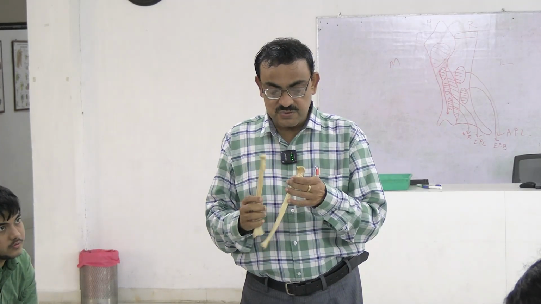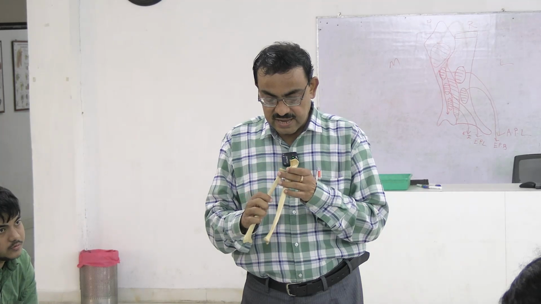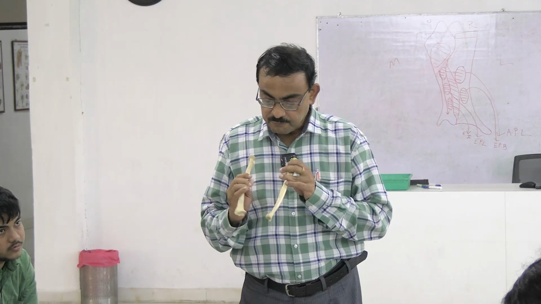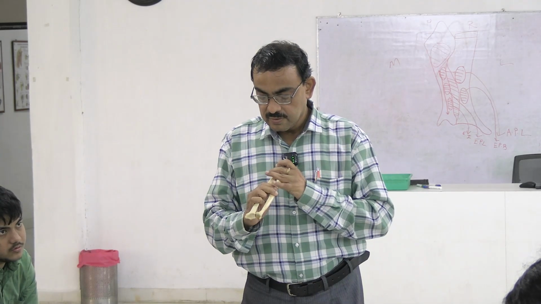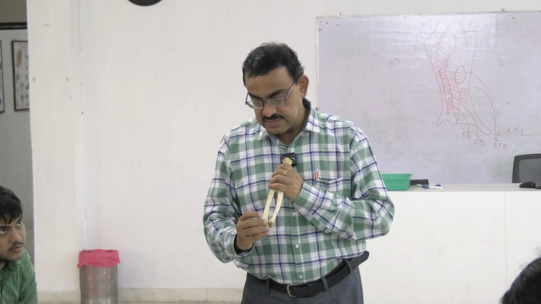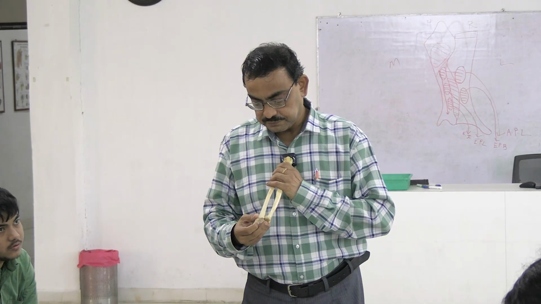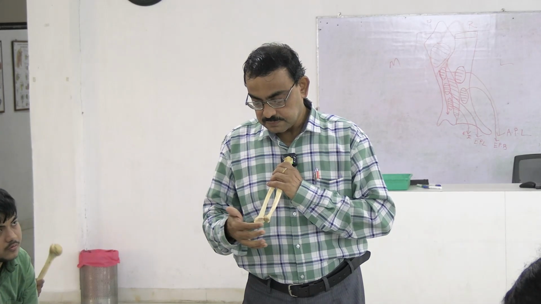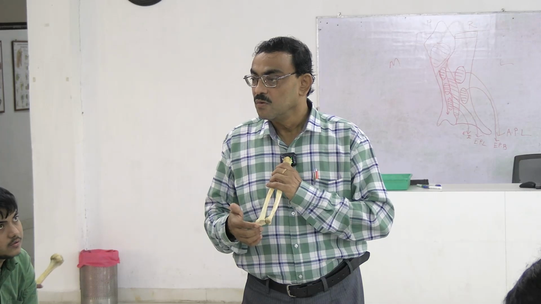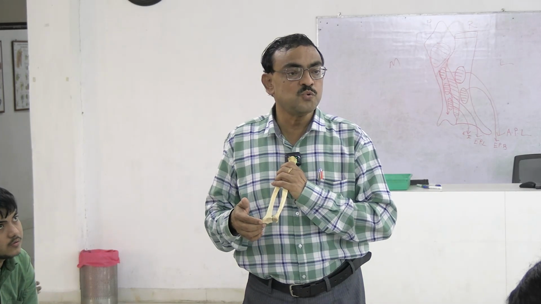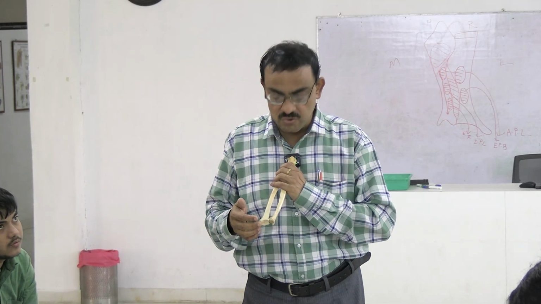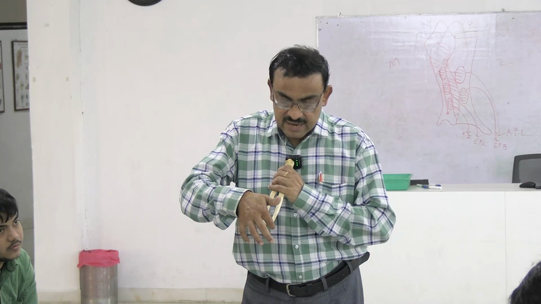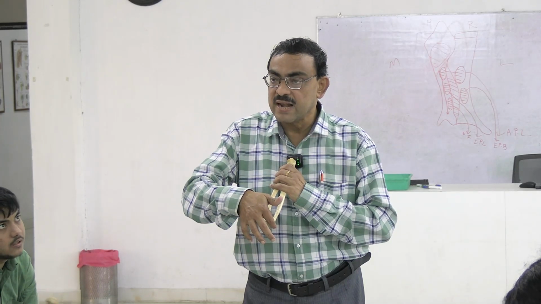What is the difference between the styloid process of the radius and ulna? The radial styloid process is around 1 to 1.25 centimeter below the styloid process of the ulna.